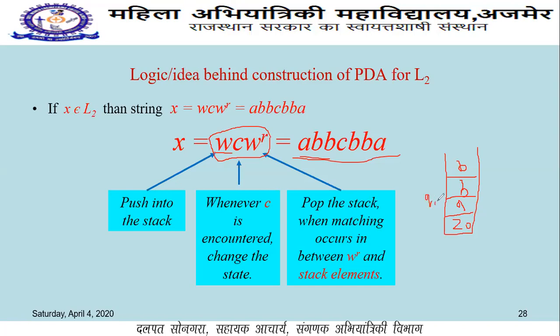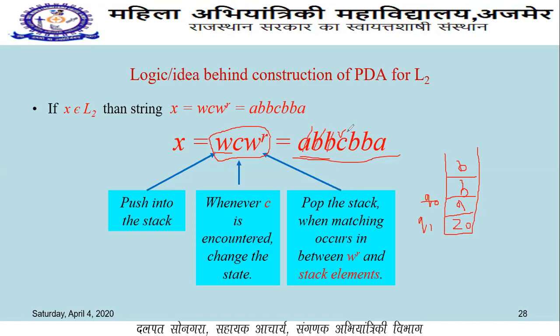Let's suppose these are processed one by one and we push all of them into the stack. Once C is encountered, we change the state from Q0 to Q1. How we can do this, we discuss later, but just understand the idea.